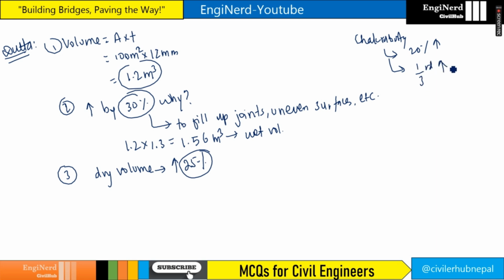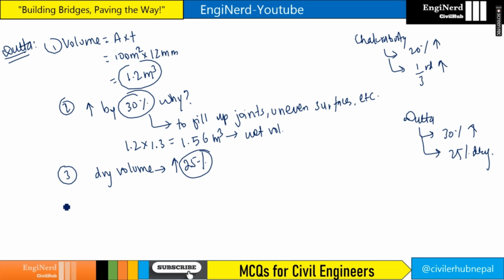So Datta suggests 30% first for joint fillers and uneven surface, and 25% for dry volume.